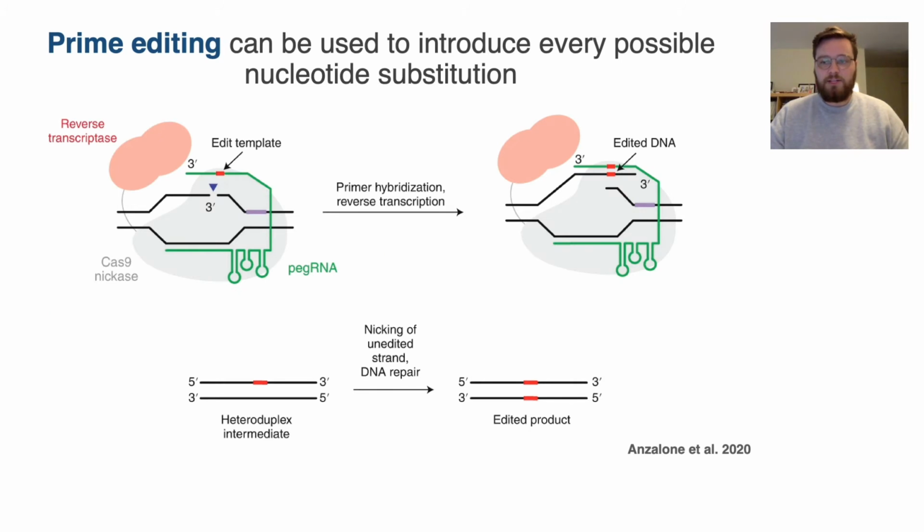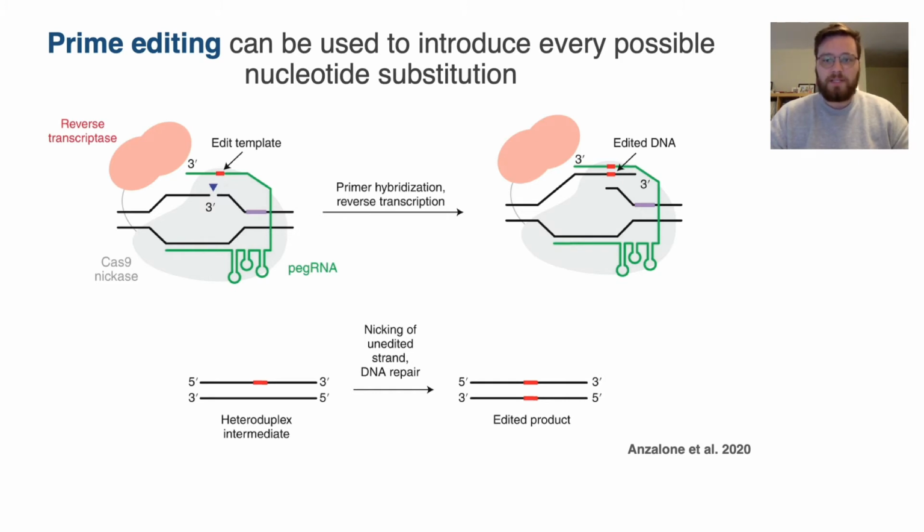prime editing technology. Very briefly, the way this works is you have a Cas9 nickase enzyme, which is fused to a reverse transcriptase. And the other difference is that it uses something called a prime editing guide RNA. The difference between a prime editing guide RNA and a normal guide RNA is that a prime editing guide RNA, or pegRNA, has an elongated 3' extension.